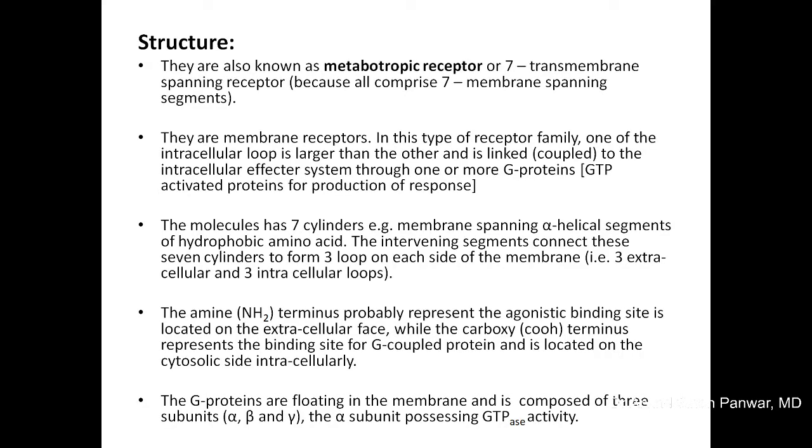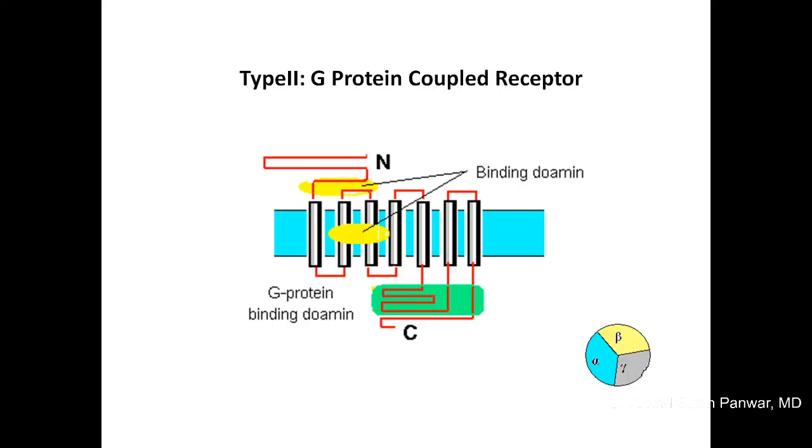The G proteins are floating in the membrane and are composed of three subunits, alpha, beta and gamma. The alpha subunit possesses GTPase activity, as you see in the diagram, three components are there.